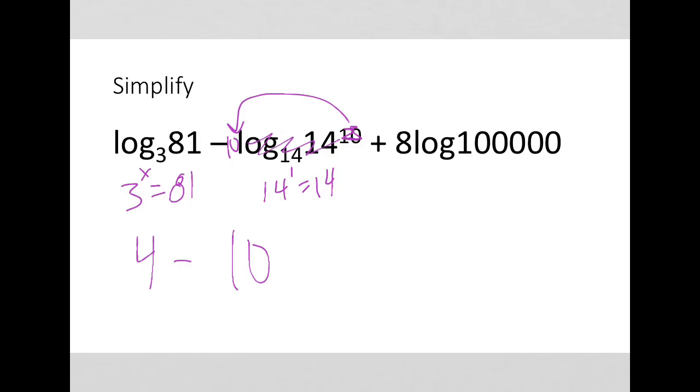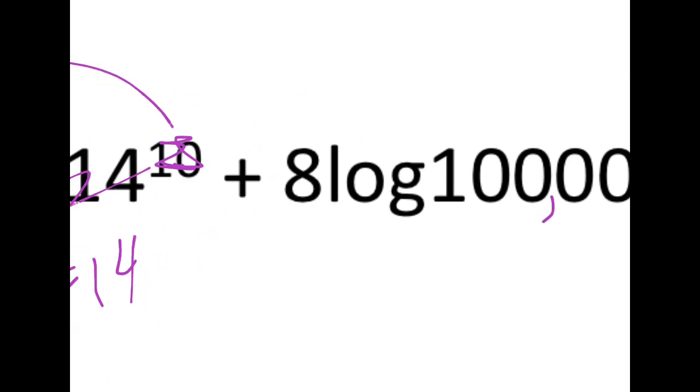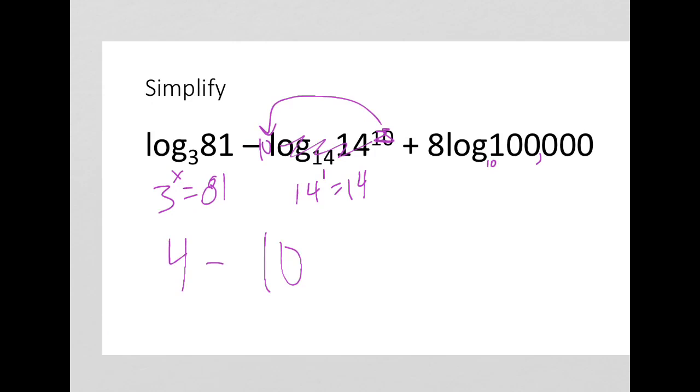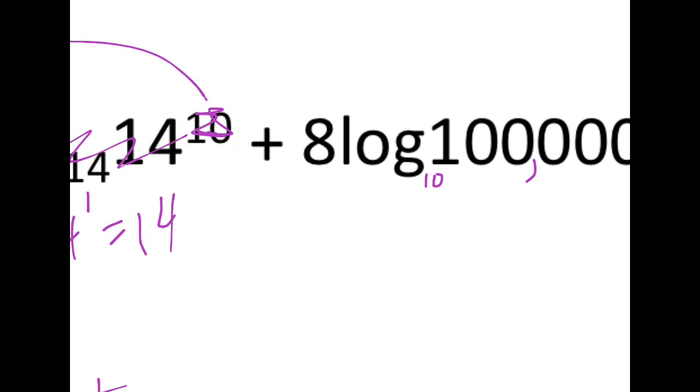And then I have 8 times log of a big number, which is 100,000. And notice that there's no base written here. So when there is not a base written, it is implied that it is base 10. And so let's think about what this is saying. This is saying 10 to what power is 100,000? We'll think about it this way. I would have 10 to the first, 10 to the second, 10 to the third, 10 to the fourth, 10 to the fifth.